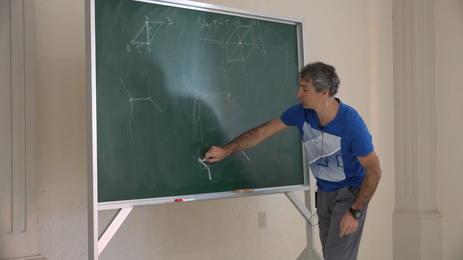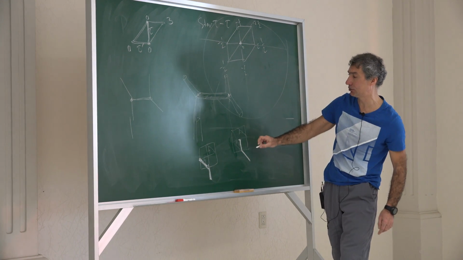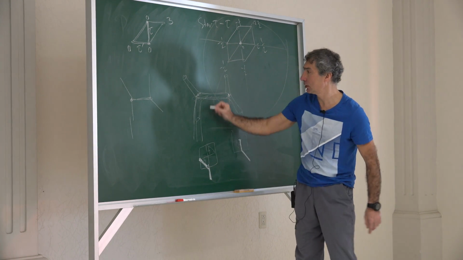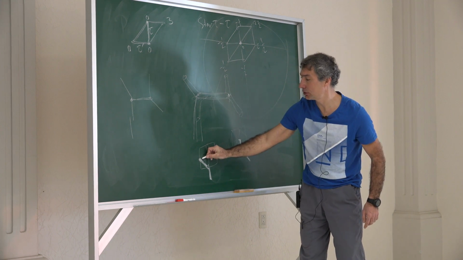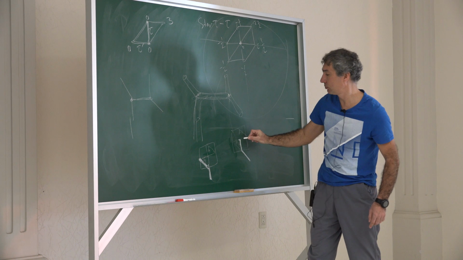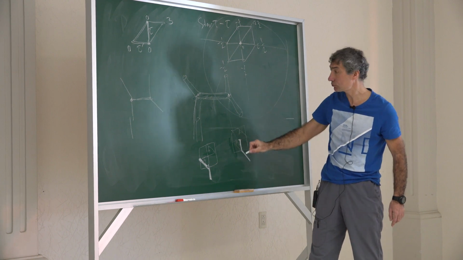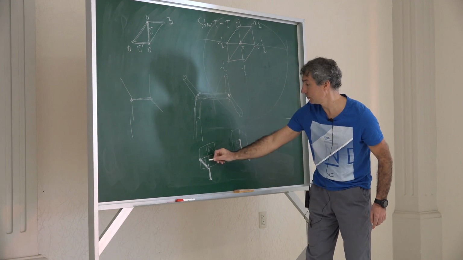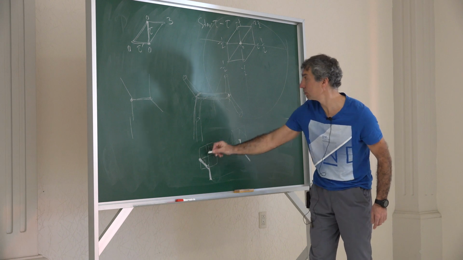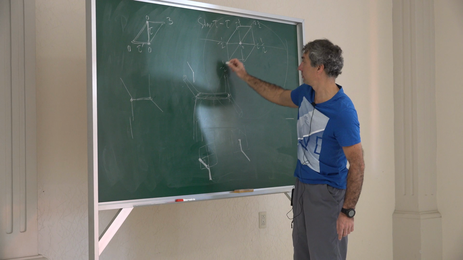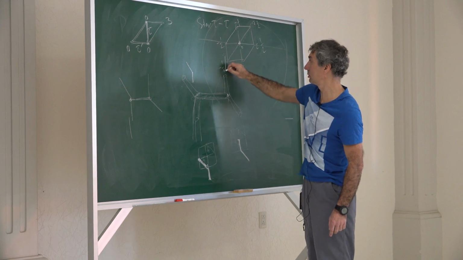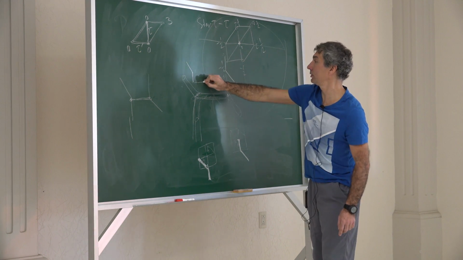This point somehow has to be connected to this point. And as I go along this edge, that point slowly drifts towards this point, and this point drifts toward this point. So the picture looks like this.